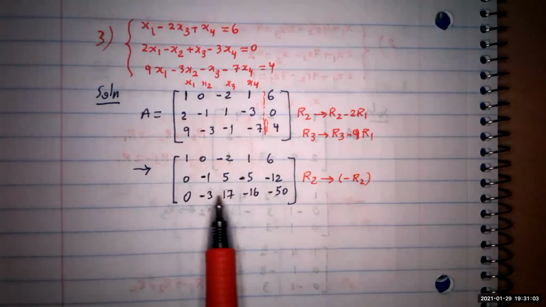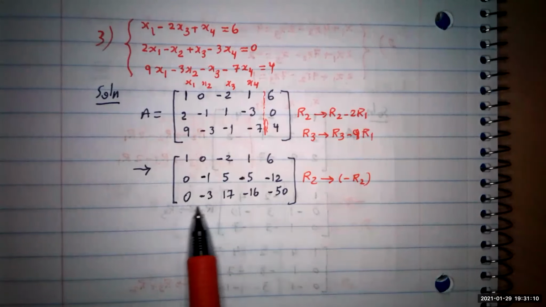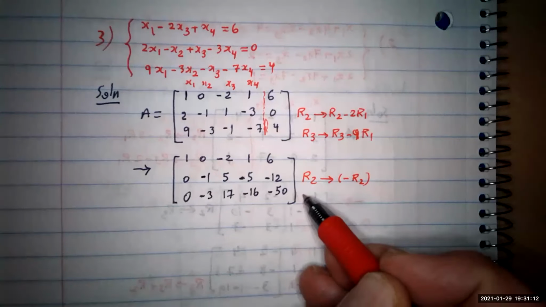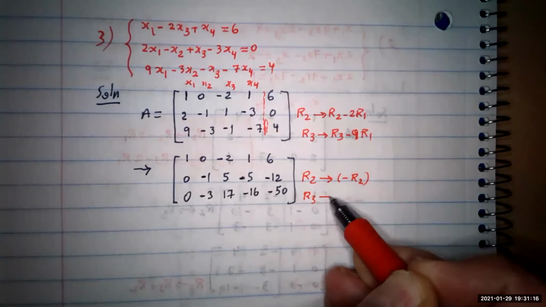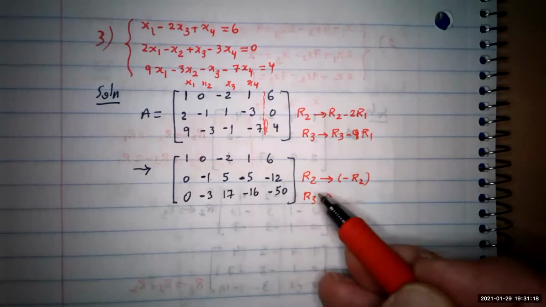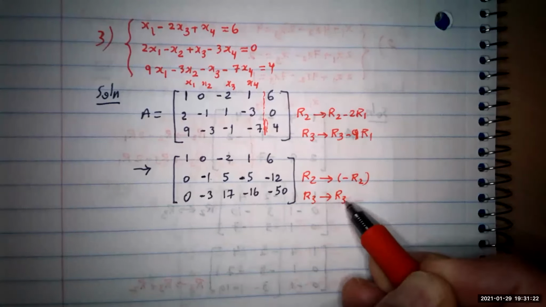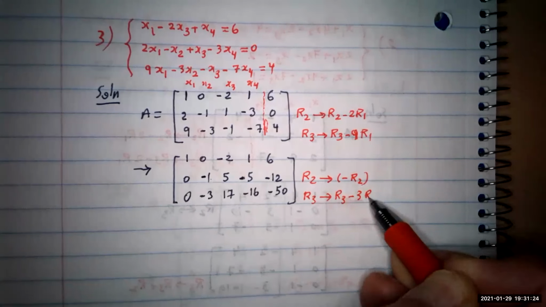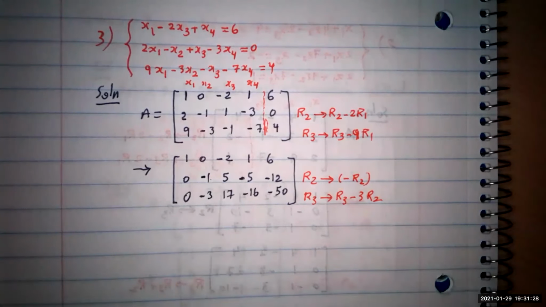Okay, so as soon as I get a positive 1, I have to get rid of this part. So what I'm going to do is, this is it. So I get the R3, I need a positive 3 here. So it's going to be R3 minus 3R2, because that makes this one into 0.